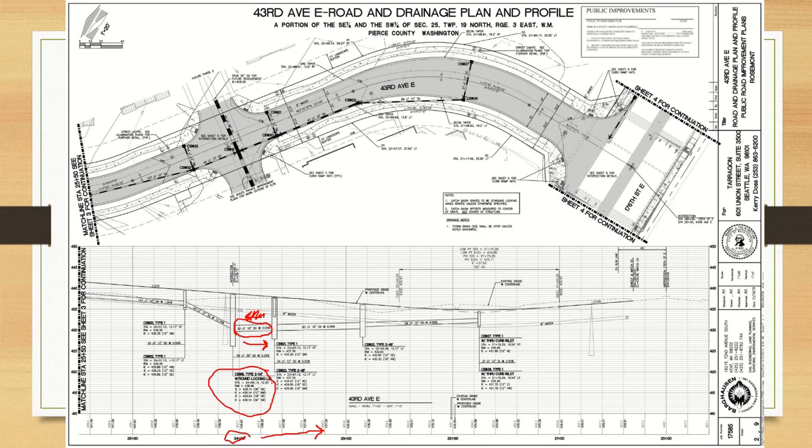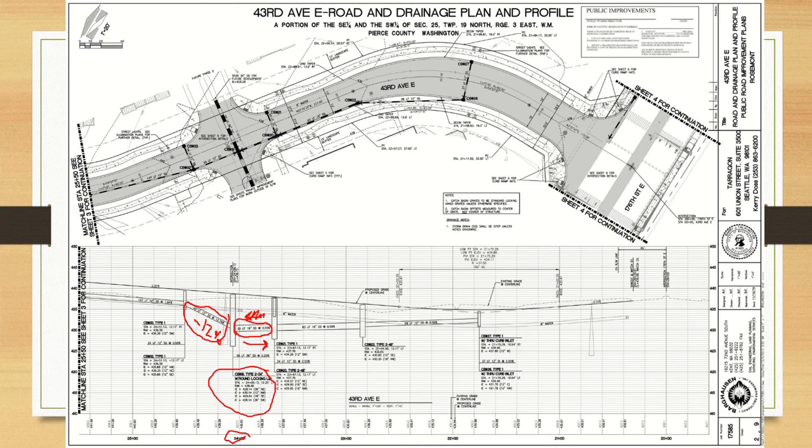Now if you pay attention to this one, it shows that slope also as a positive, but it should be shown as a negative 12% because of the direction that the road is traveling. Okay, so actually, it's the opposite way.